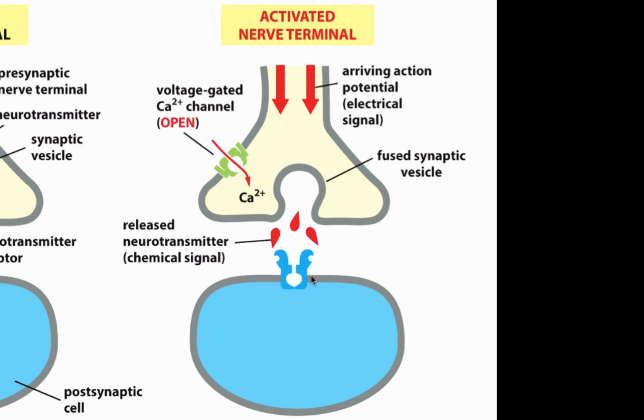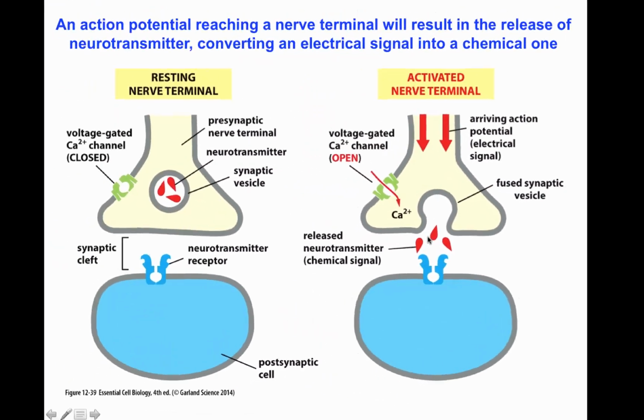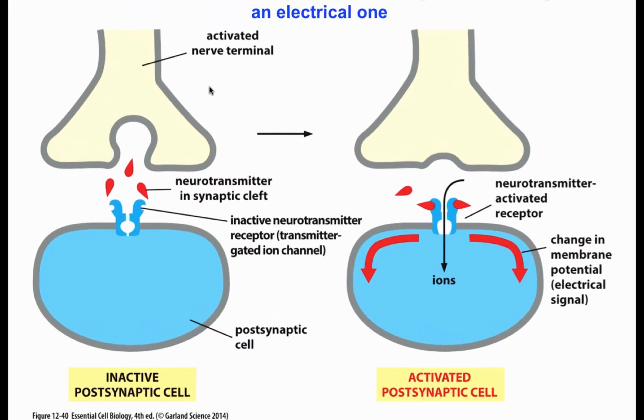Those neurotransmitters will then be able to bind the neurotransmitter receptor. So this is how an electrical signal that is traveling down the axon of the neuron will be converted to a chemical signal, be that the chemical, the neurotransmitter.